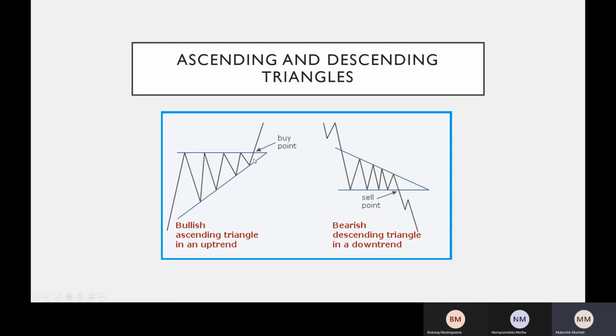Once this trend line, this resistance line, is broken, then you can buy from that point, after seeing a strong bullish candle or a certain pattern that shows you the market is becoming bullish.